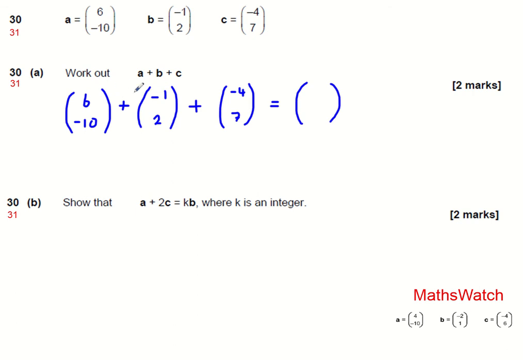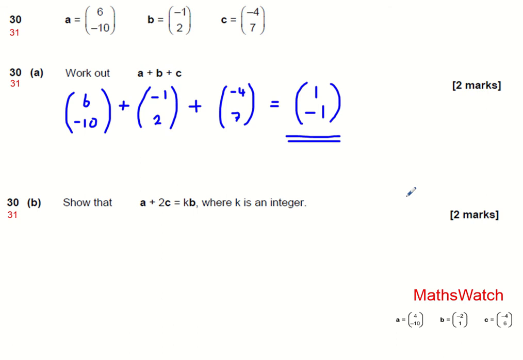So 6 plus minus 1 is 5, plus minus 4, so 5 minus 4 is 1. Across the bottom, minus 10 plus 2 is minus 8, and minus 8 plus 7 is minus 1. So A plus B plus C becomes the vector 1, minus 1.